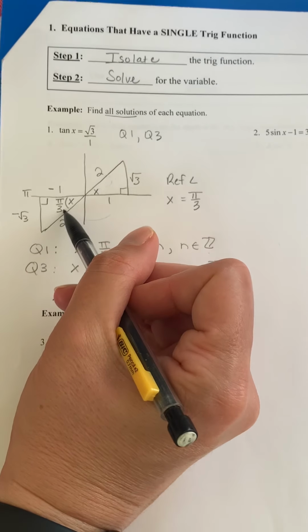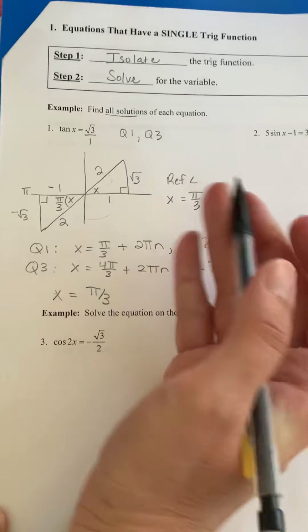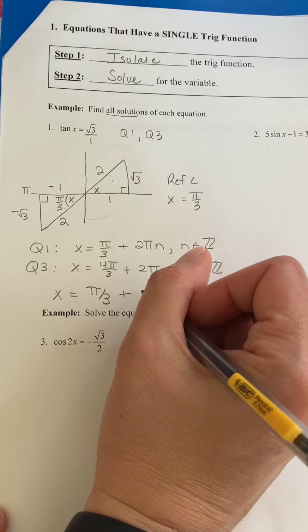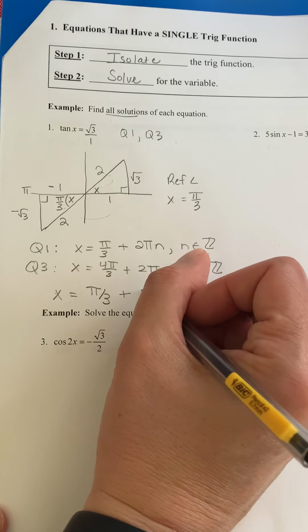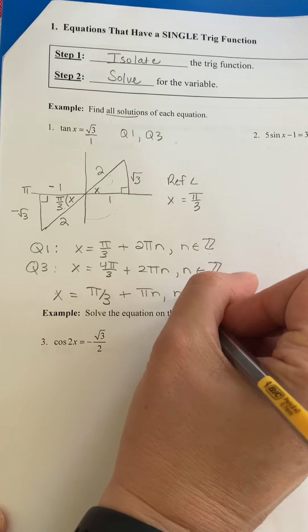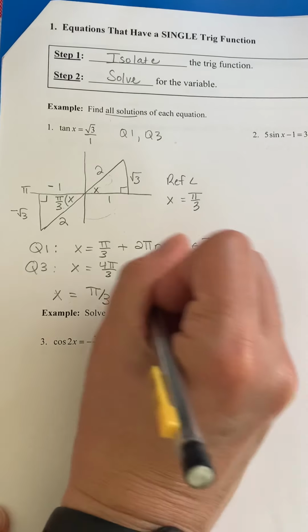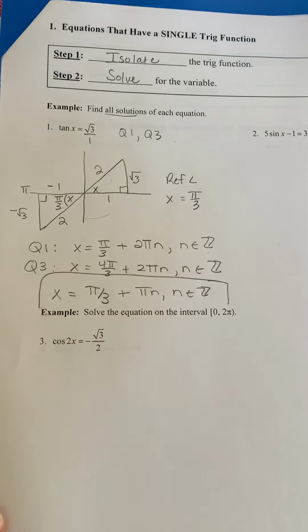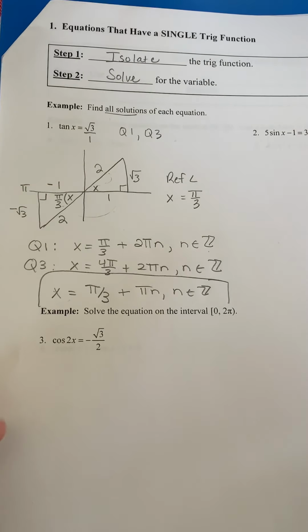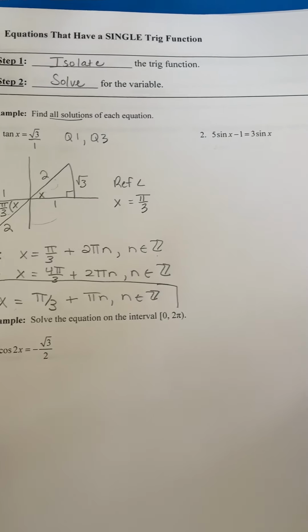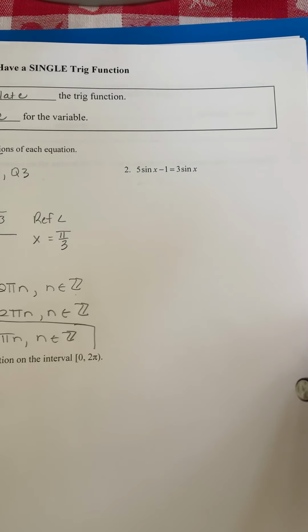The 4 pi over 3 will come up in half of a revolution. So instead of putting 2 pi in, we can put pi in for every integer. And that kind of puts together those two answers.